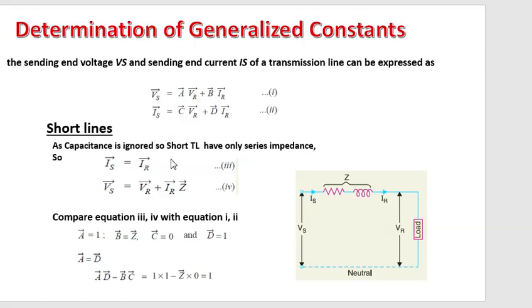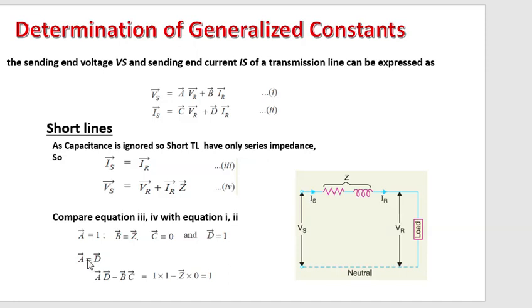So after the comparison, we can see that A will be equal to 1, B will be equal to Z, C will be equal to 0, and D will be equal to 1.